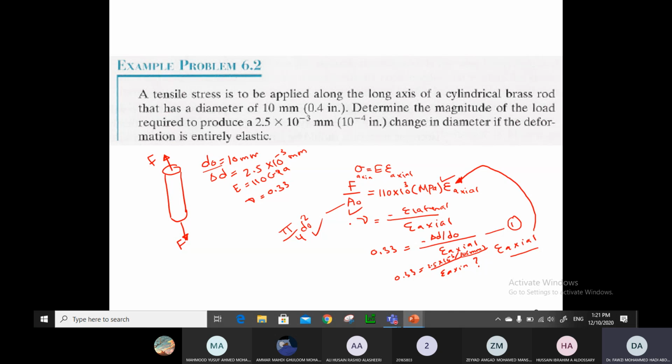You can determine the original area. The only unknown in this equation will be the force. Multiply the area times this number, you will get the force which is required in order to produce 2.5 times 10 to the minus 3 millimeter change in diameter.